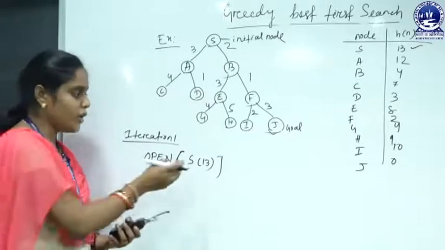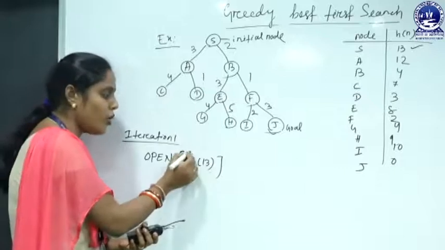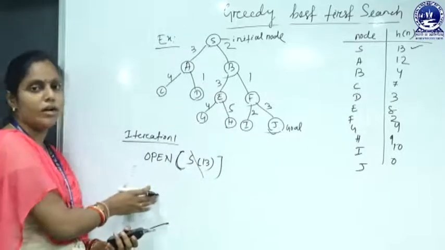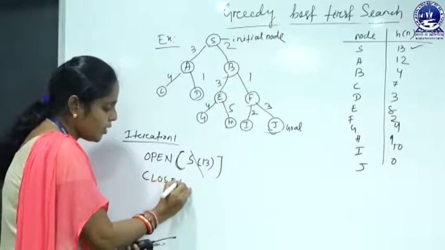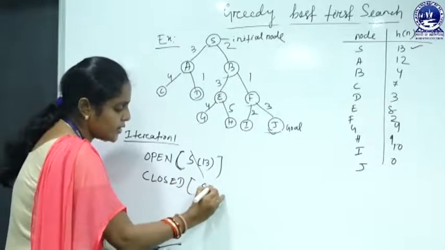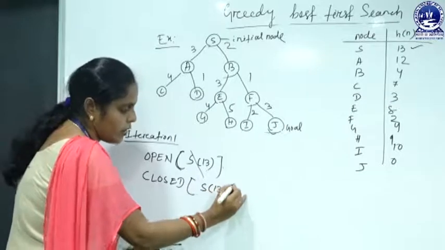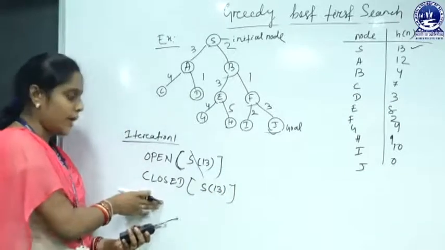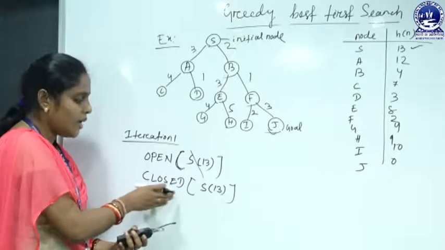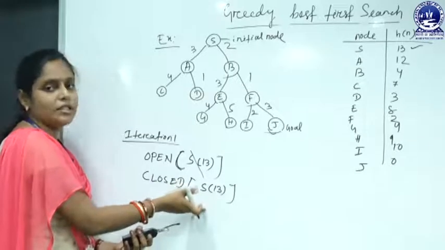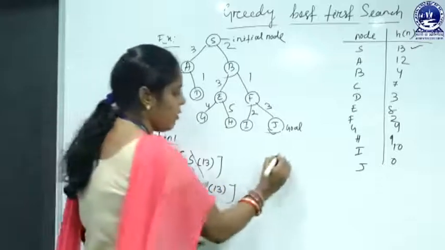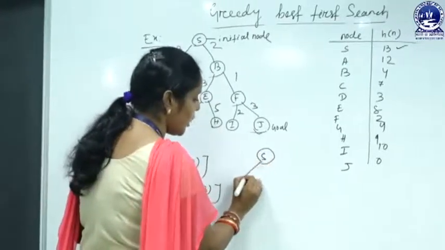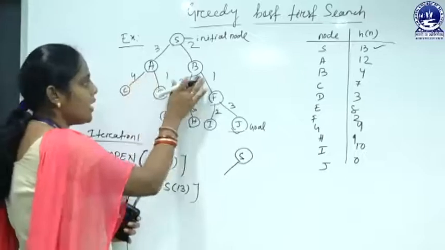That means we remove this node from our open list and place this node in our closed list. Now our closed list contains the node S. After placing the node S in our closed list, we expand this node S to generate its successors. Now the successors of node S are node A and node B.